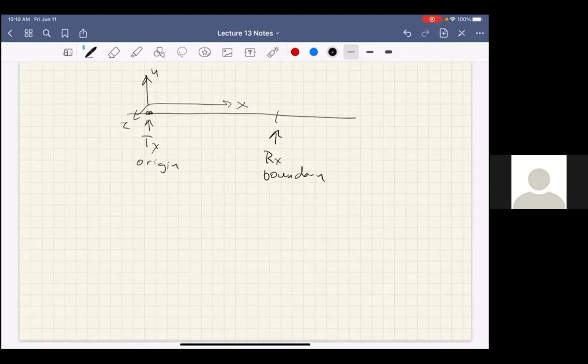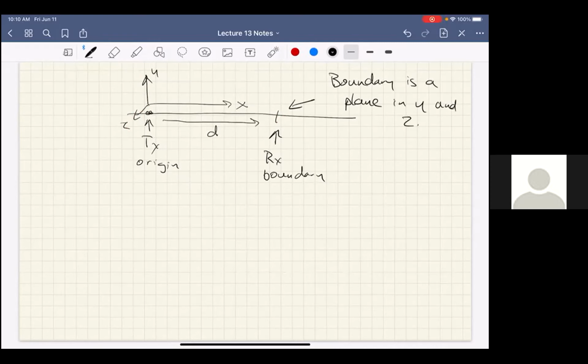In other words, if I take any coordinate in y or in z, the boundary is still distance d away. The boundary now becomes a plane in y and z.